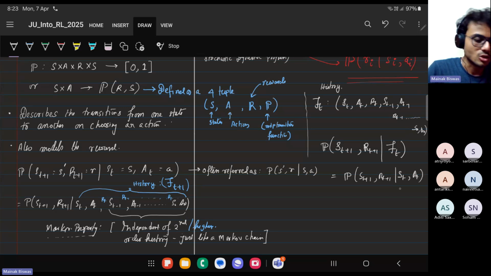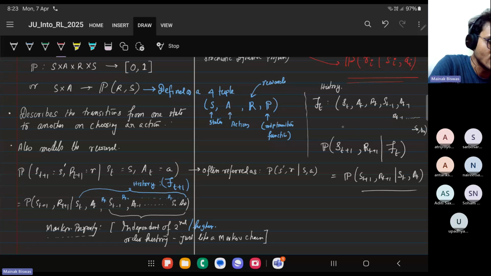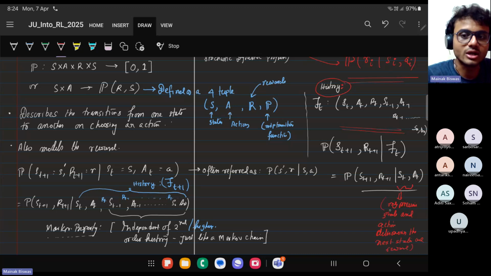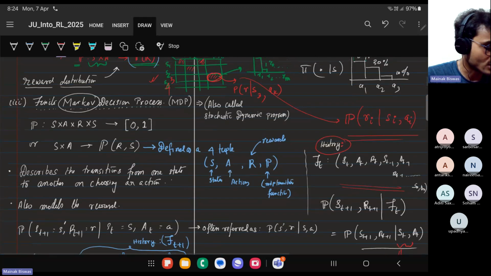Any question? So you're given this entire history of events that happened, but only the previous state and action determines the next state and reward. People who are joining late, for them a quick recap. We are discussing what an MDP, a Markov decision process, is.